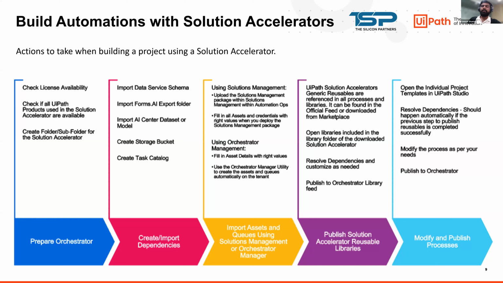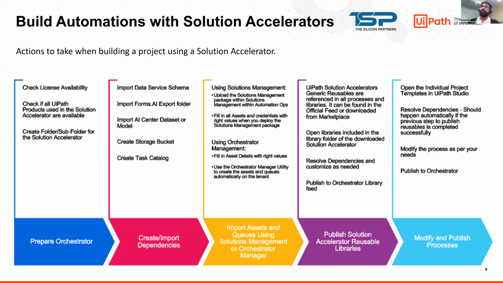First of all, before getting started with the deployment, you need to check for all the available licenses, including the developer license and the non-prod license, testing license, unattended production license. Everything has to be available. Otherwise, you won't be able to migrate or make changes to the code, right?